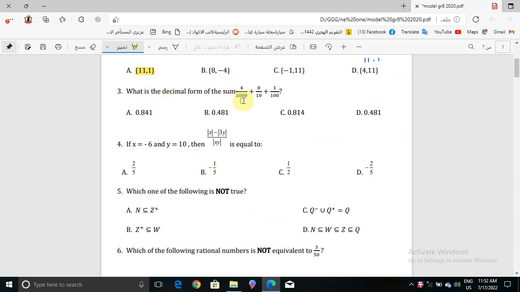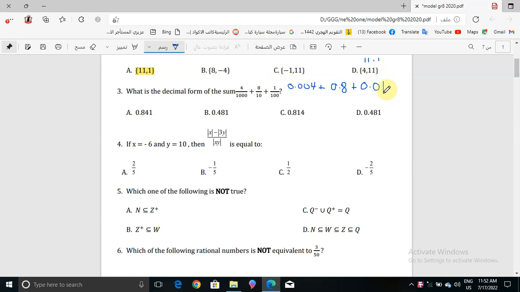Okay, now question number 3. What is the decimal form of the sum 4 over 1000 plus 8 over 10 plus 1 over 100? What we'll do here is divide: 4 over 1000 will be 0.004, then 8 over 10 will be plus 0.8, and 1 over 100 will be plus 0.01.